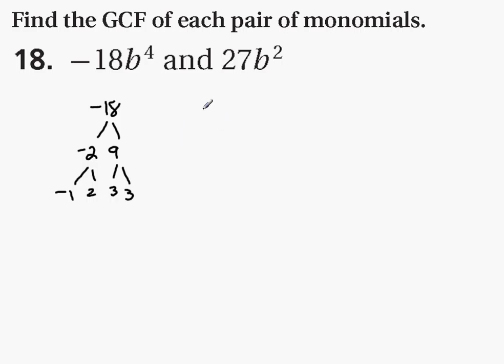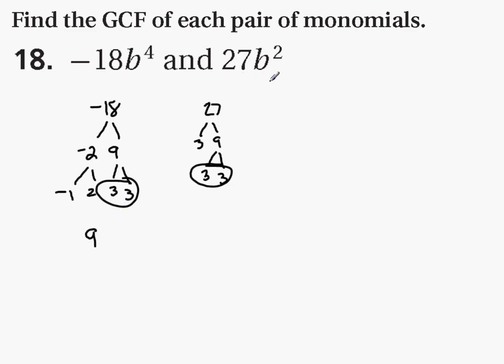Then looking at 27, that's equal to 3 times 9, which can be further written as 3 times 3. So looking at my greatest common factors here, it looks like 3 times 3 is 9. So 9 would be my numerical greatest common factor.